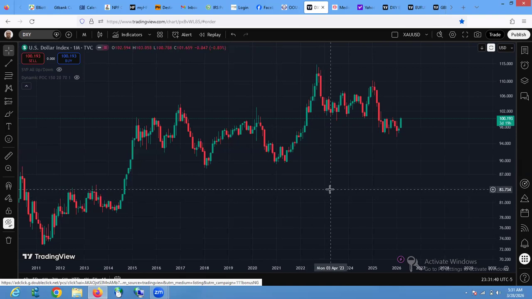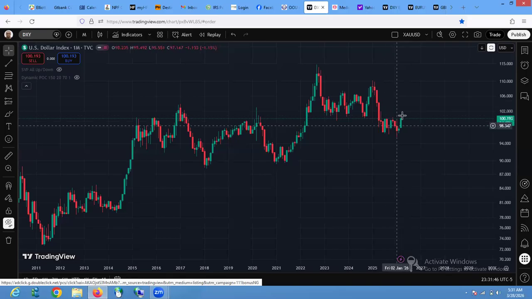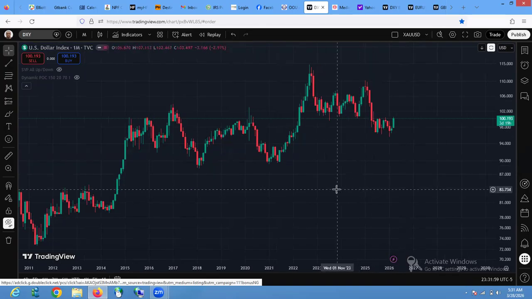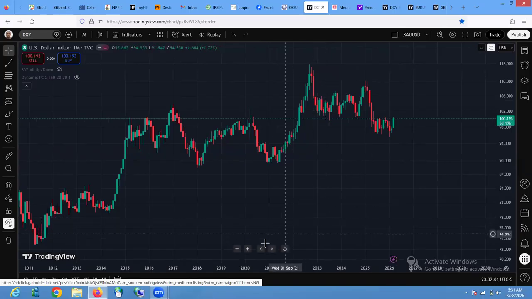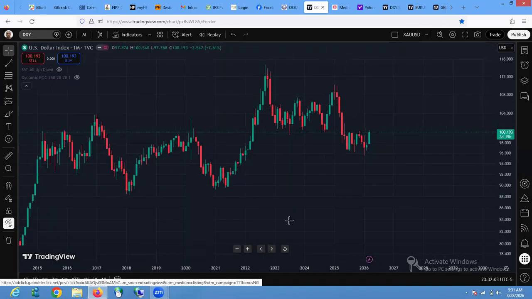Now, DXY. I'm starting with the monthly time frame. There is one thing I want you to understand here: the move to the downside looks complete on the monthly time frame. What the price usually does in this kind of movement is give us the ending structure.